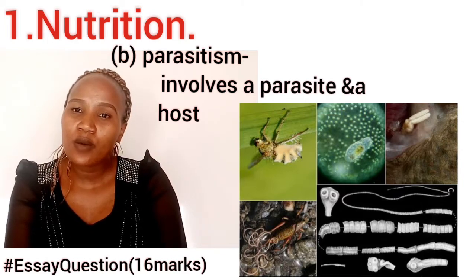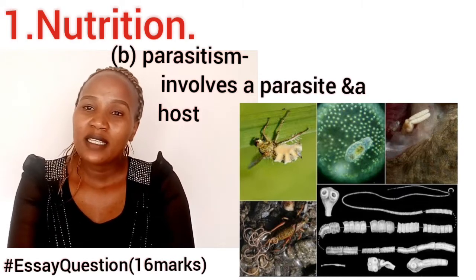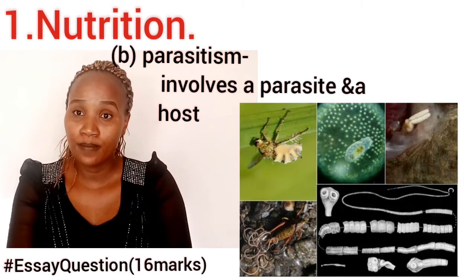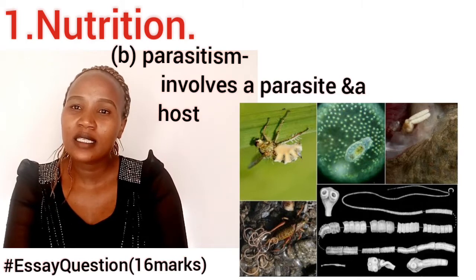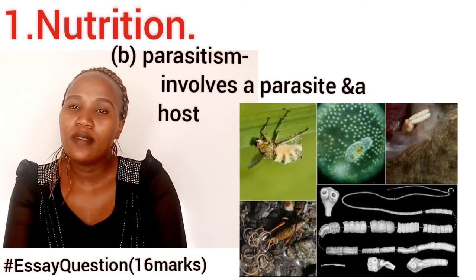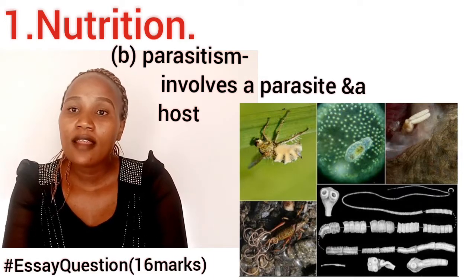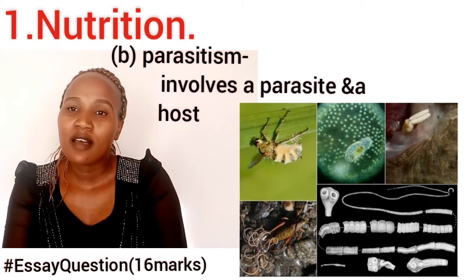The host is the one that suffers, but the parasite is the one that benefits from this kind of relationship, because the parasite gets nutrients from the host, but the host is deprived of the nutrients, and therefore in this kind of relationship it ends up suffering.